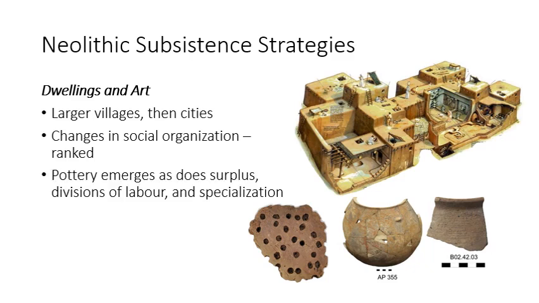As the Neolithic Revolution continues, pottery is starting to become a really important endeavor. You need somewhere to put your surplus. For the very first time in human history, surplus is beginning to emerge. We start to see divisions of labor as we see various areas of specialization.